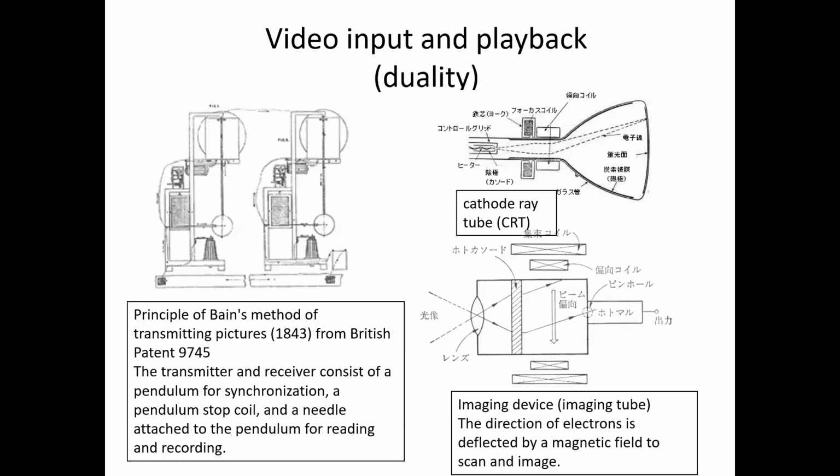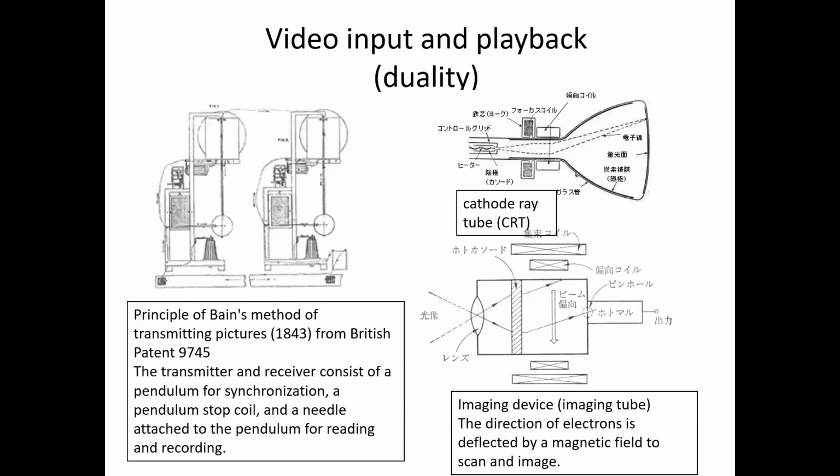So maybe a very old video system is just a kind of transmitter. It captures the image, but there's no recording system. That information can be transmitted to somewhere farther away, and the image will be displayed there. The left one is a mechanical system, which is maybe interesting, but the right one is the typical camera system.